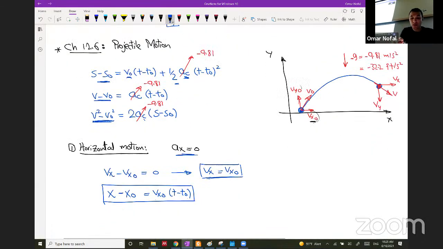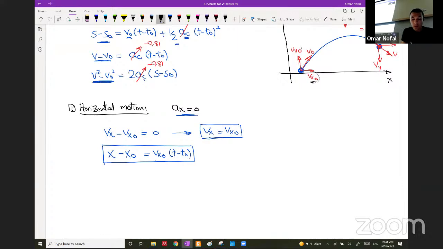But when we come to the vertical component of the motion, we know that AY is equal to negative G, which is 9.81 meter per second square.